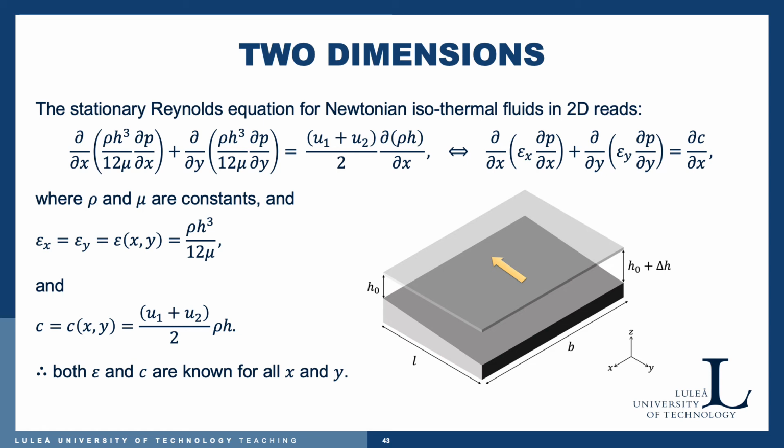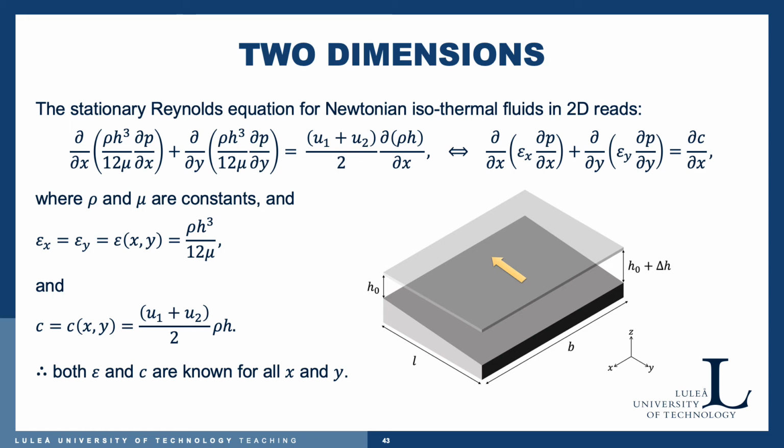So we look at the second order type of Poisson equation here on the right, with epsilon x and epsilon y as coefficient functions in the Poisson flow terms, and then we have dc dx at the right hand side.